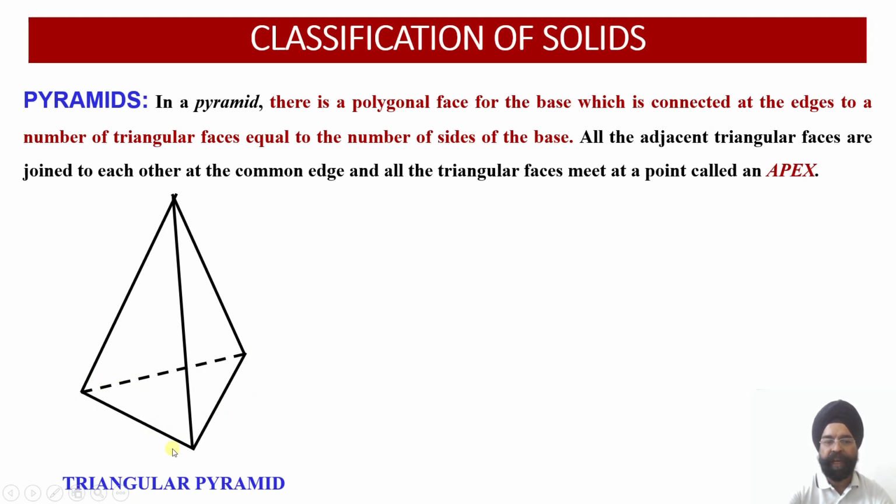The base of the pyramid is a triangle, connected at the edges to a number of triangular faces equal to the number of edges of the base. If there are 3 edges of the base, 3 triangular faces will be there, joining at the top, and this top point is called the apex or the vertex.